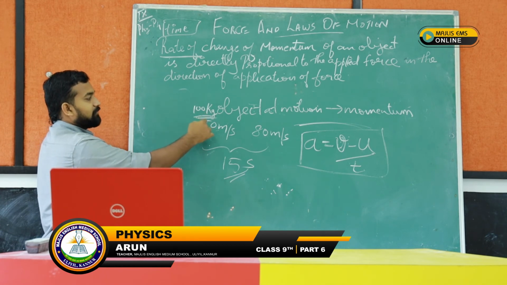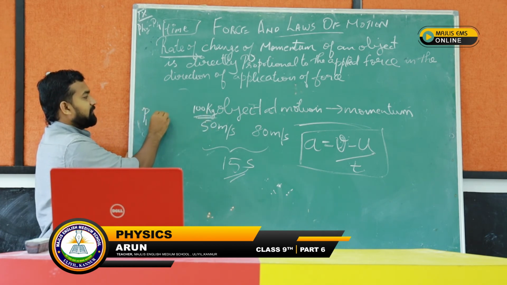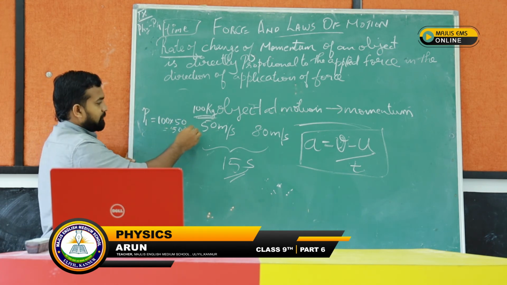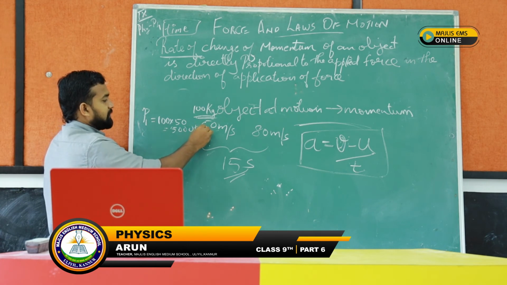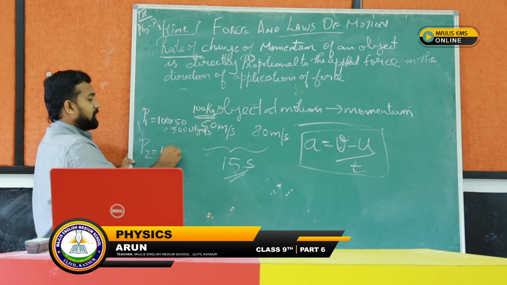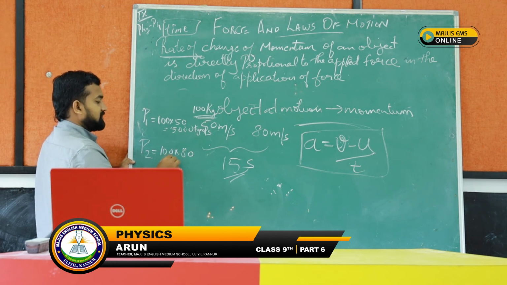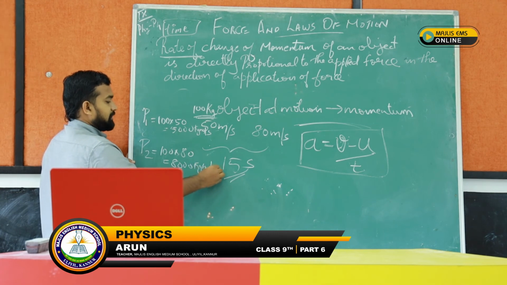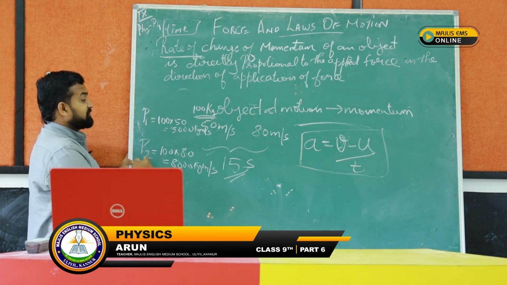The initial momentum will be 100 into 50, that is 5000 kilogram meter per second. The final momentum will be 100 into 80, that's equal to 8000 kilogram meter per second. So what will be rate of change of momentum?